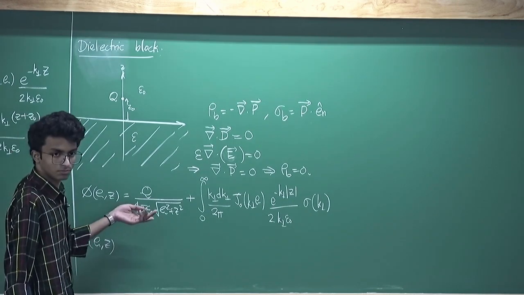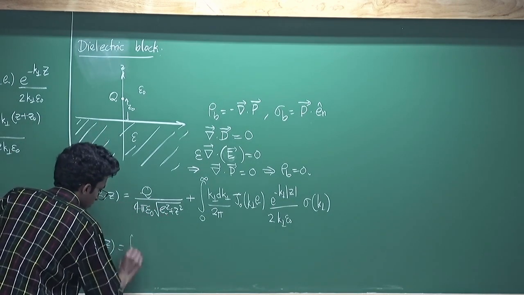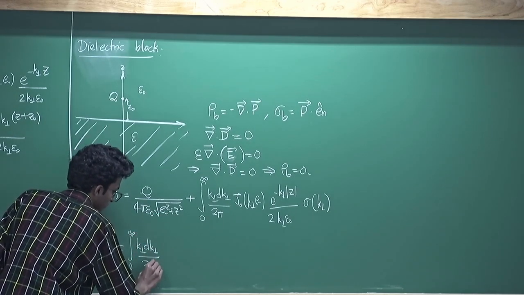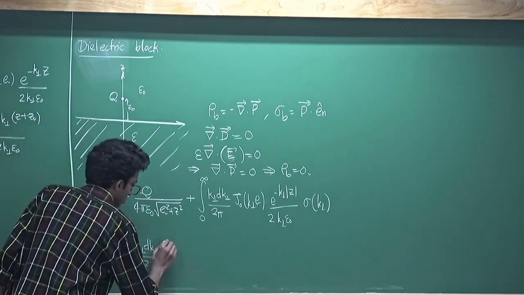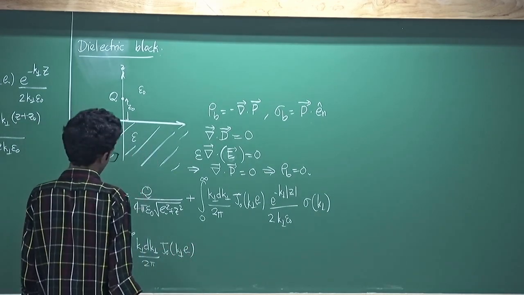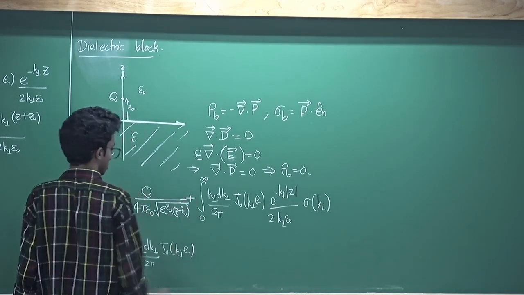Great. So now I can rewrite this using the Hankel function representation for this part as integral 0 to infinity k perpendicular d k perpendicular over 2 pi J naught k perpendicular rho. Sorry, this is z minus z naught whole square. I'm sorry about that.